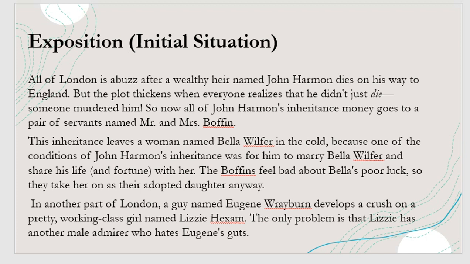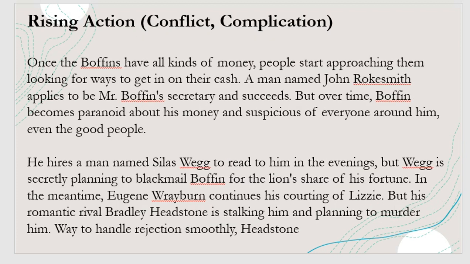until we recognize the exposition. Second point, we have here a rising action, which includes a conflict and complications, how the actions already moved one by one until we find out the reality.